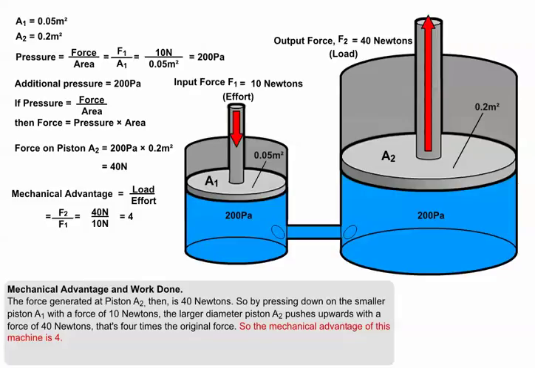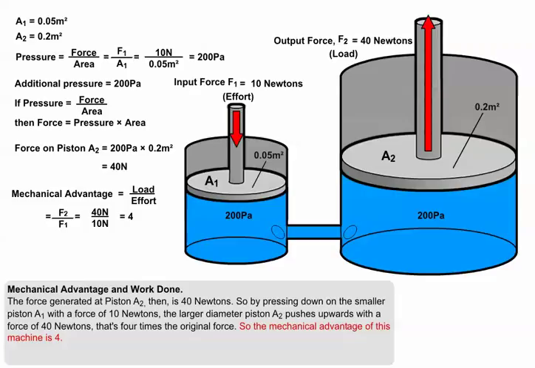Therefore, we can see that by pressing down on the smaller piston A1 with a force of 10 newtons, the larger diameter piston, A2, pushes upwards with a force of 40 newtons. That's 4 times the original force. So you can see intuitively that the mechanical advantage of this machine is 4.